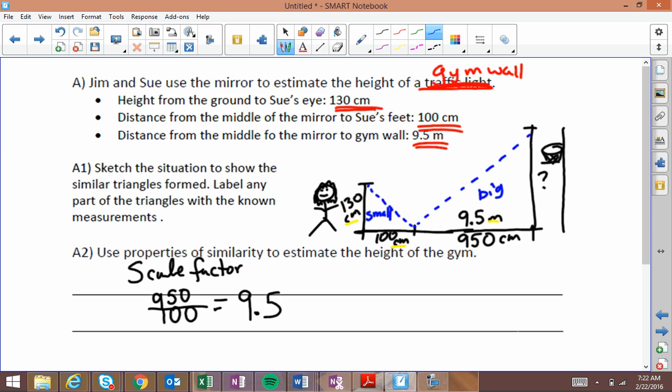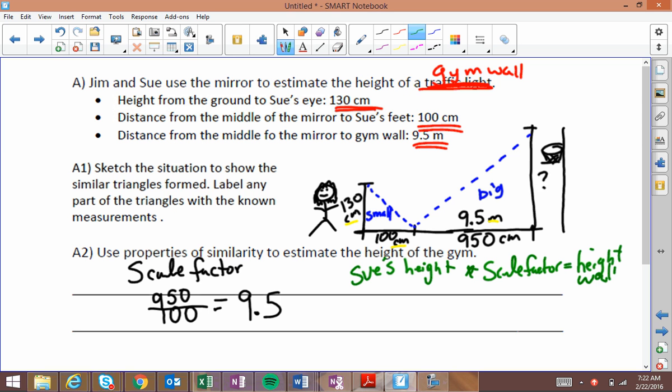So I'm going to take Sue's height, multiply it by my scale factor, and get the corresponding side, which is the height of the wall.